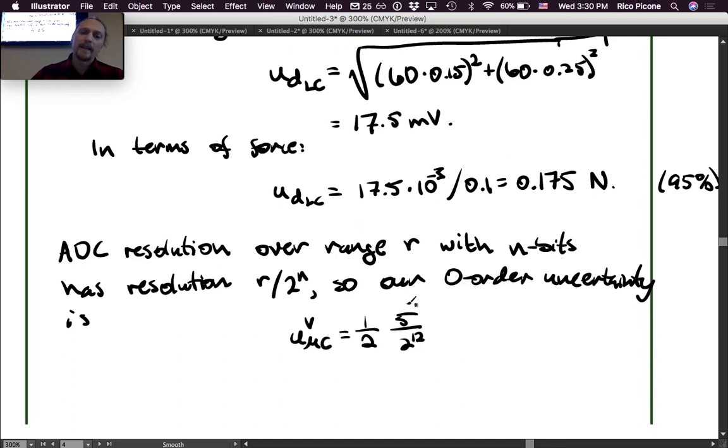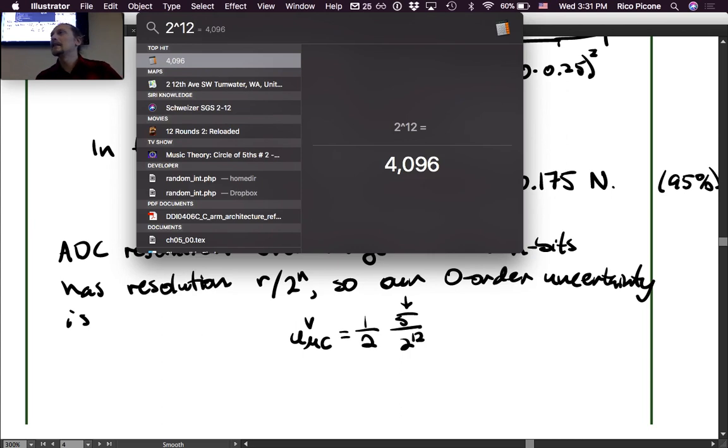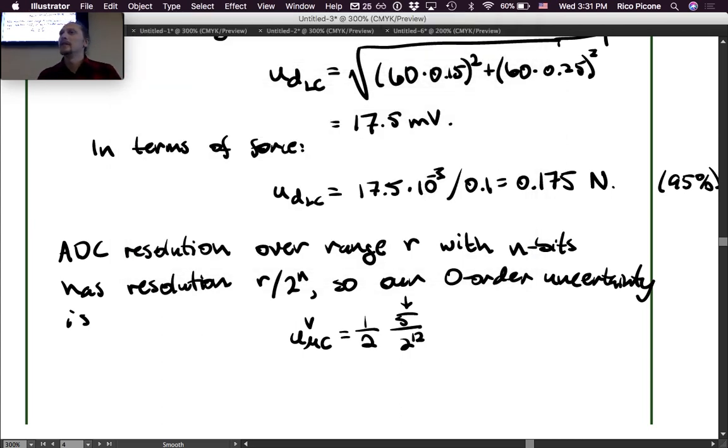So we've essentially converted this to an analog resolution, right, as a range of 5 volts divided into 2 to the 12 different values. 4,096 possible voltage levels between 0 and 5 volts.